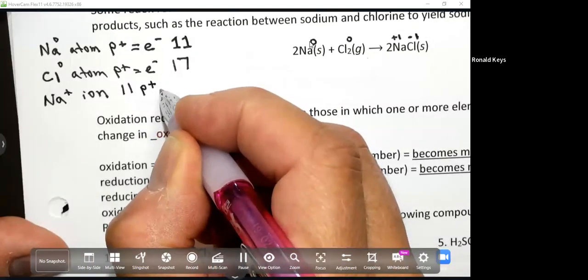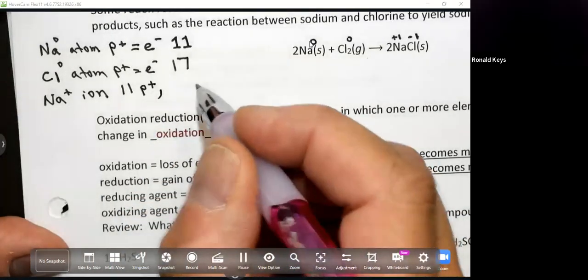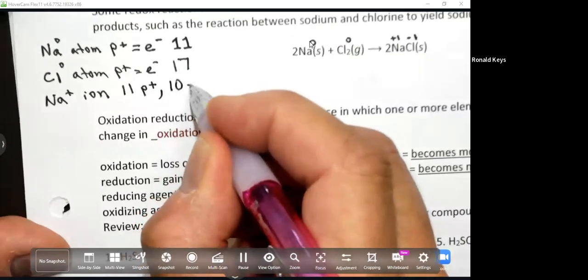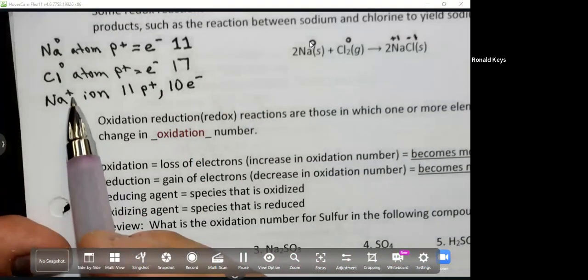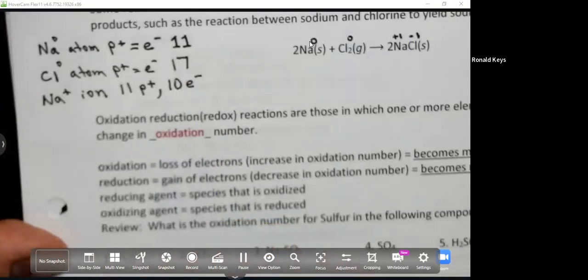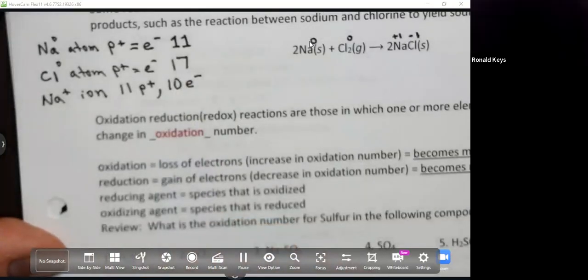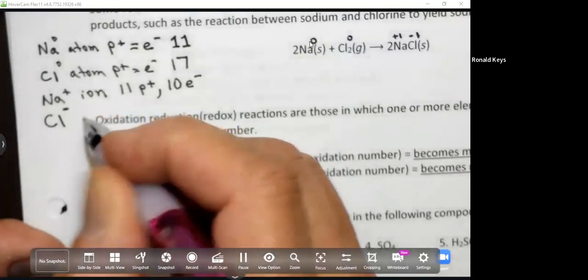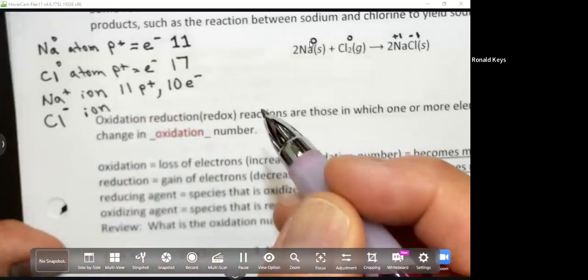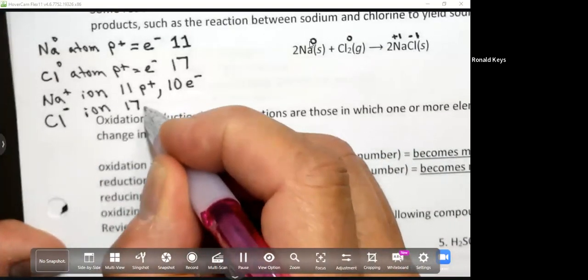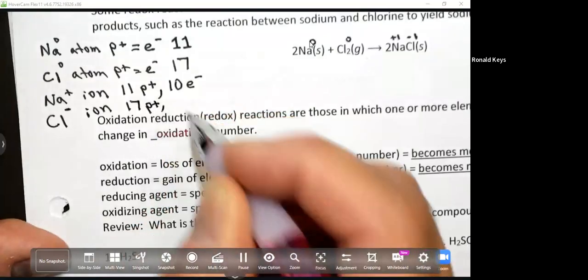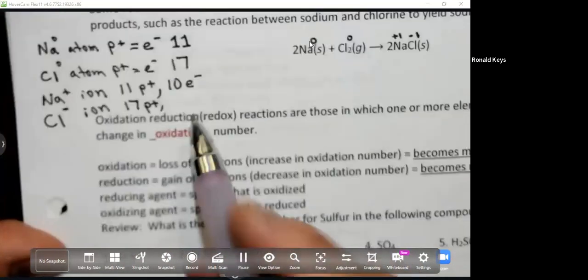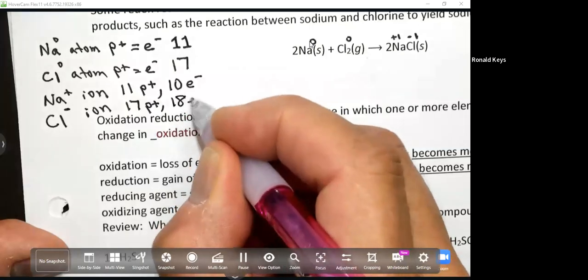How many negative electrons? 10, right? 10 electrons. We've got a +1 charge. We've got 11 positive protons, 10 negative electrons. Where did the electron go? Well, it went to chlorine, right? Because now it's not chlorine, it is chloride, which has 17 positive protons and 18 electrons now, right?